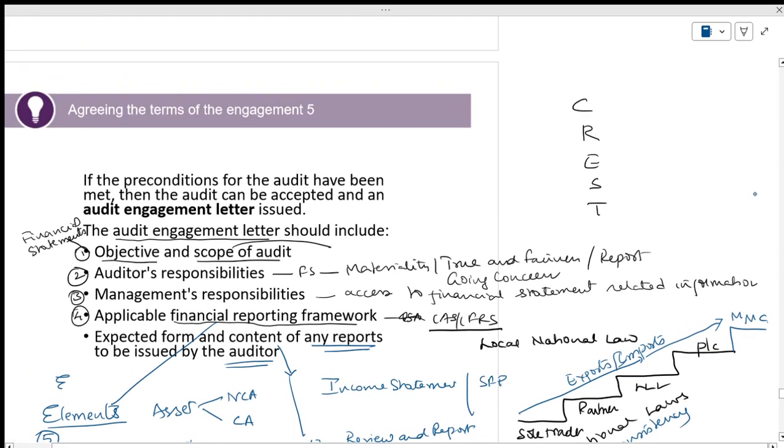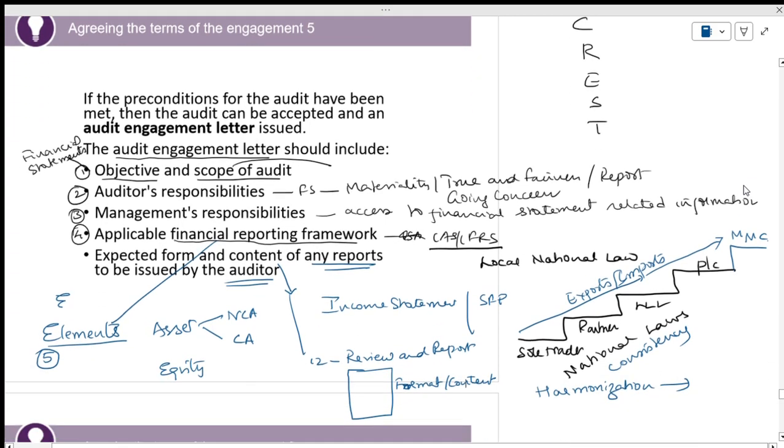Once the preconditions of an audit have been met, then the audit can be accepted. What is in the audit engagement letter? Objective, scope, responsibility, auditor's responsibility, management responsibility, financial reporting framework, and the presentation of the report and its content.